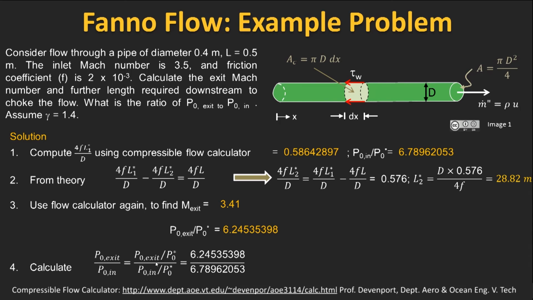And again, we have values for P naught exit over P naught star that we have been storing along the way, which is 6.245 here, and P naught in over P naught star was computed at the very first step using the flow calculator as 6.789. Substituting that and evaluating it gives us 0.92. That is, we incur roughly 8% pressure drop as the flow goes through this pipe with friction acting on it.